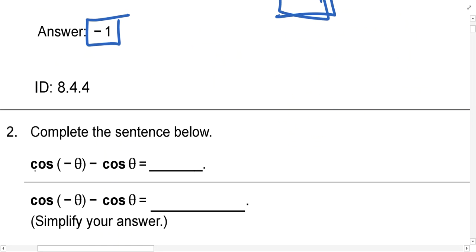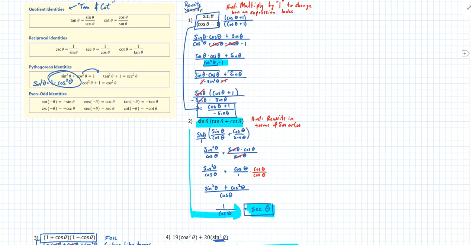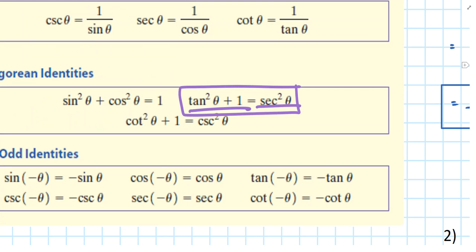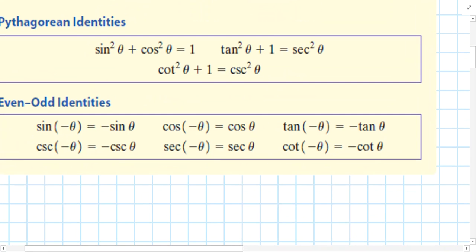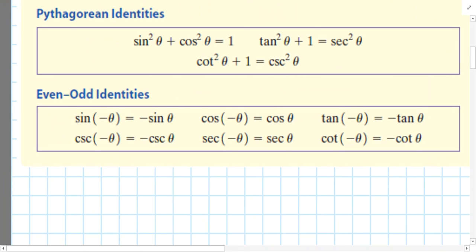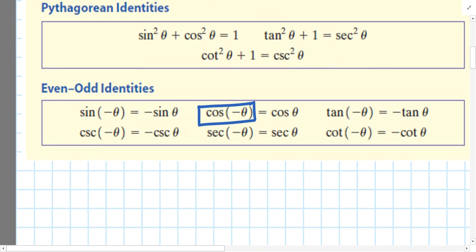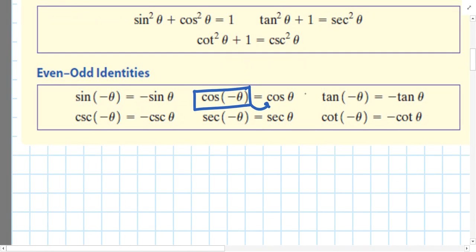In this example here, I see that cosine is being evaluated at a negative angle measure. So I'm going to switch to my identities here, and we've got a whole group of even odd identities that are going to help us. And even though the original problem says cosine of negative theta, I'm going to immediately change that to plain old cosine theta because I know those two are equal according to the even odd identities.